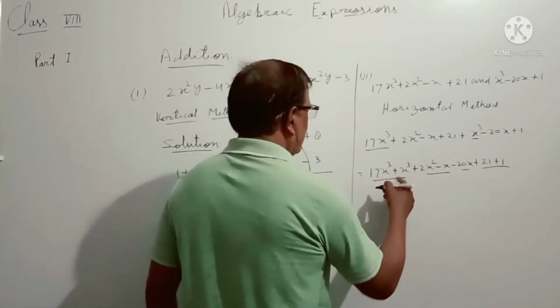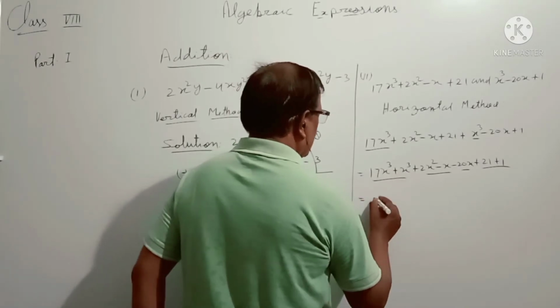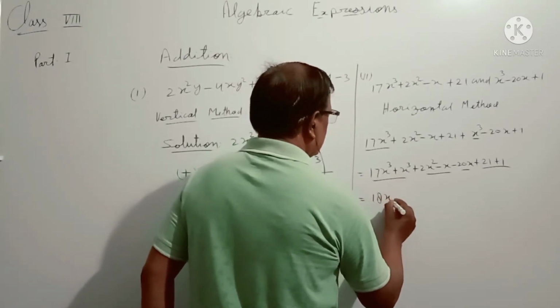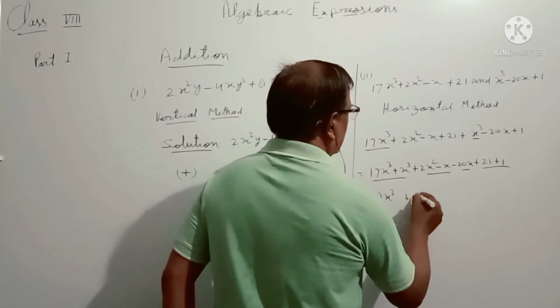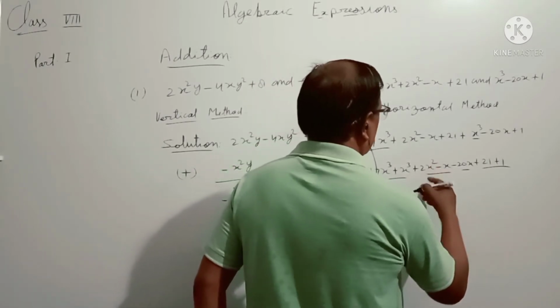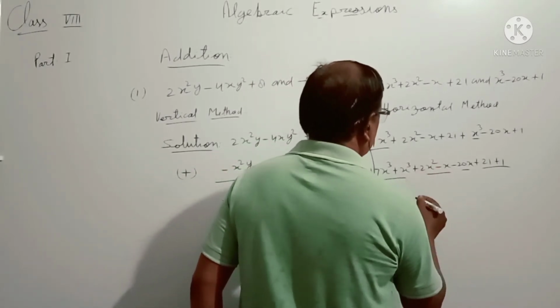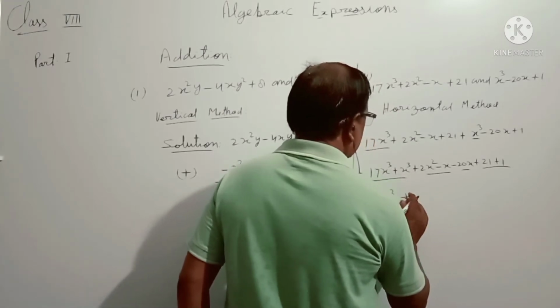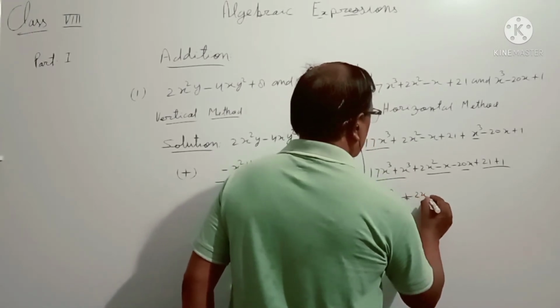17 and 1 will be 18x cubed, and here we are seeing 2x square. It is only one term, so we will write it as it is, 2x square.